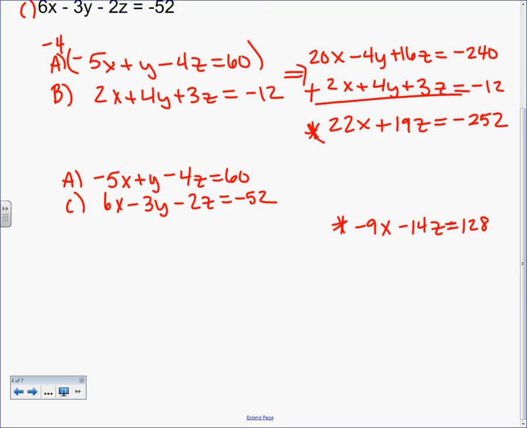When you're ready, you should get negative 9x minus 14z equals 128. I'm going to pause it again and help you.